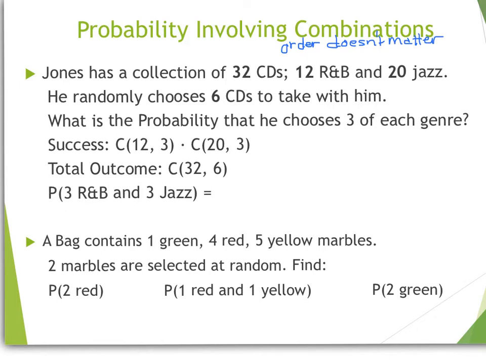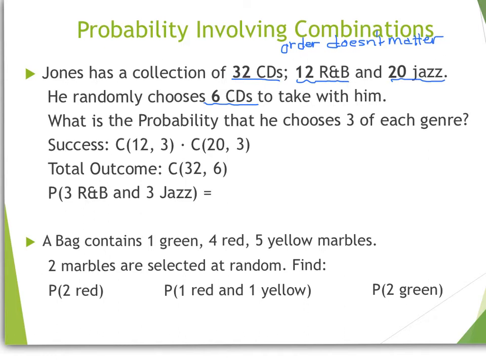Well, Jones has a collection of 32 CDs, and of those CDs, 12 are rhythm and blues, 20 are jazz. Together that makes up his total 32, and he's going to randomly choose 6 CDs to take with him. What is the probability that he chooses 3 of each genre? So we want 3 of the R&B and 3 of the jazz.